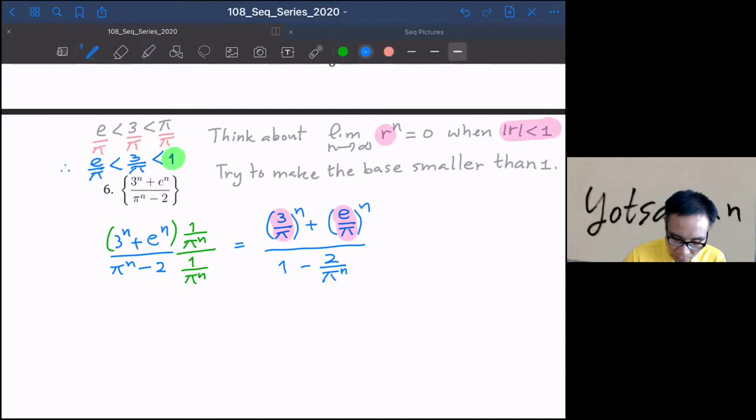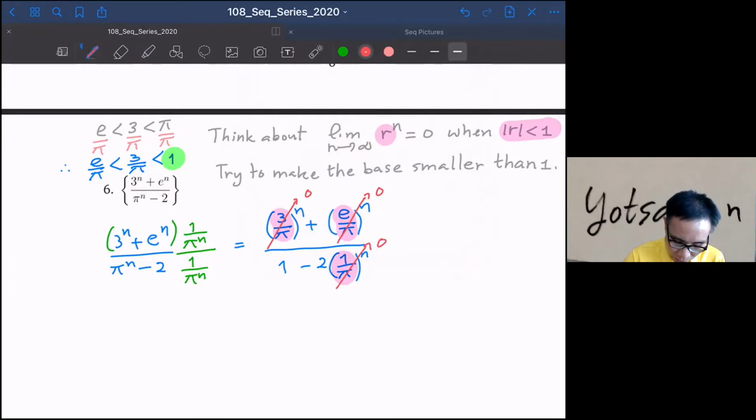The 2 term becomes 2 times 1 over pi to the n, which is also less than 1 in base. So each of these limits turns out to be 0.